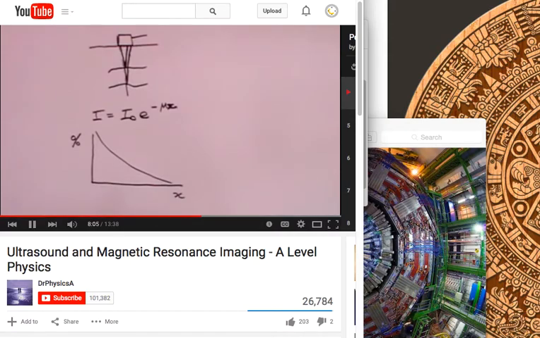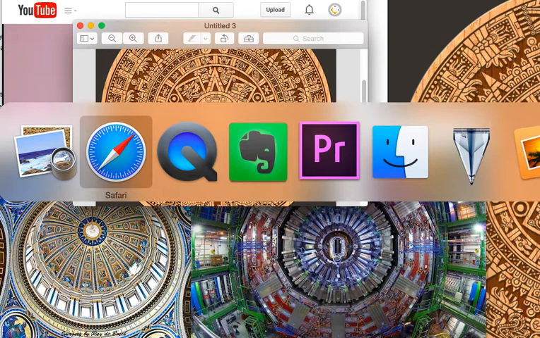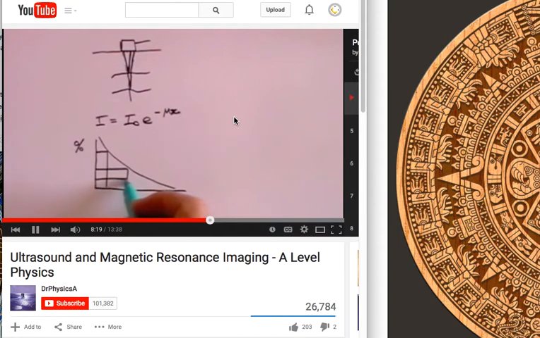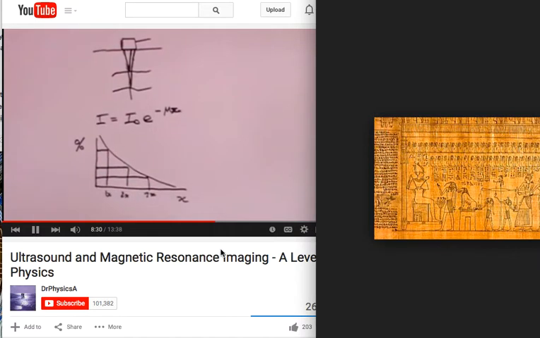It's an exponential decay. And rather like nuclear decay, there's a half-life. So in other words, after the half-life, you have half of what you had before. In each case, this is 1x, 2x, 3x. And in each case, the amount that you have left is half what you had before.